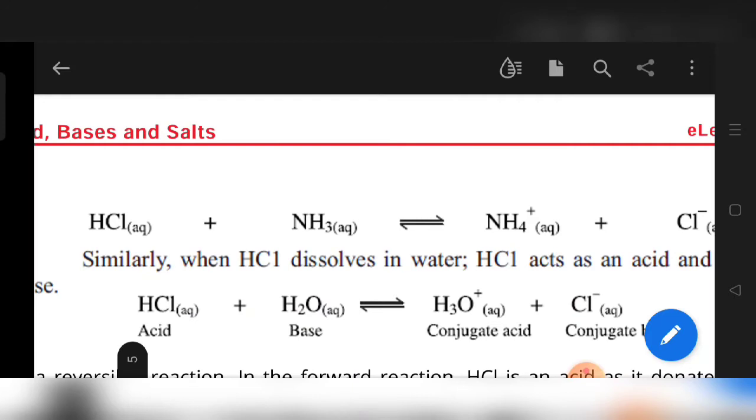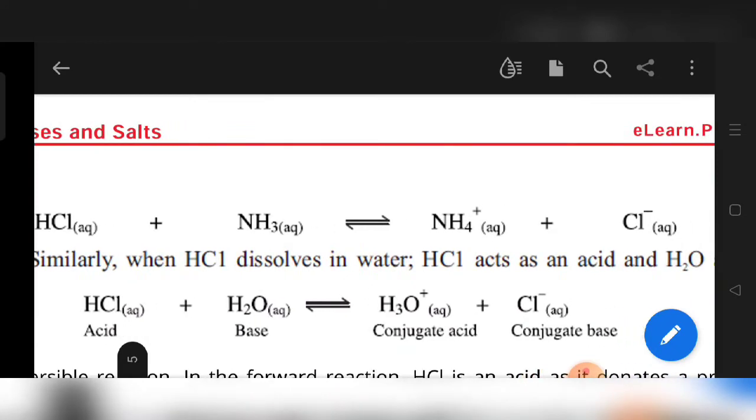And the second one is the chloride ion. After donating the proton, chlorine will get a negative charge and convert into chloride ion, and hydrogen will transfer to the ammonia and convert it into ammonium ion.